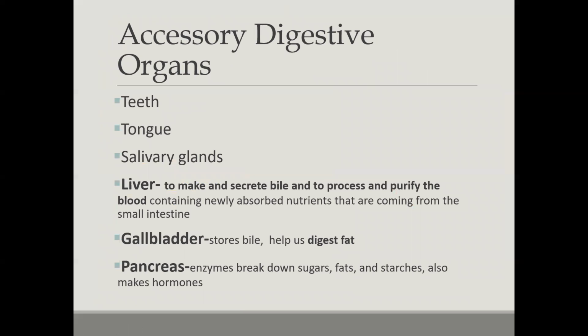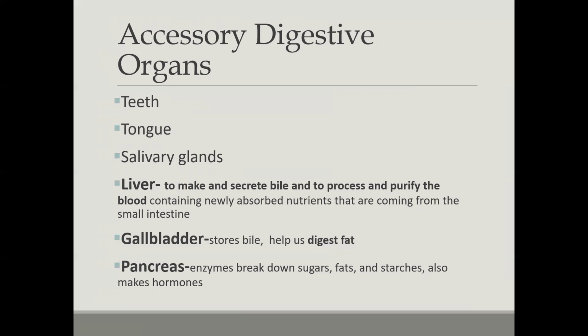So, going into it a little bit further. These are called accessory digestive organs a lot of times because they secrete something that aids in digestion, or, like our tongue, teeth, and salivary glands, they aid in breaking it down initially. So they're all accessory organs.